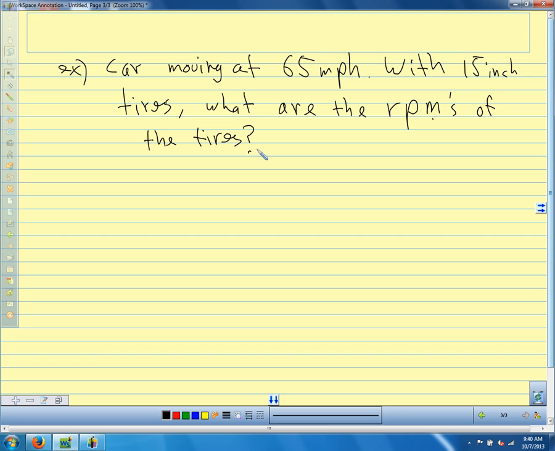We have our linear speed in miles per hour. The answer, we want in revolutions per minute.